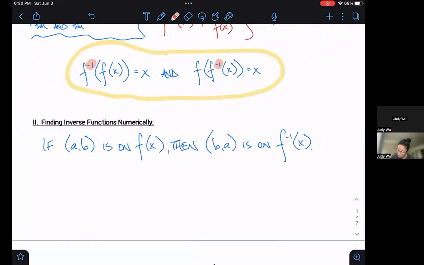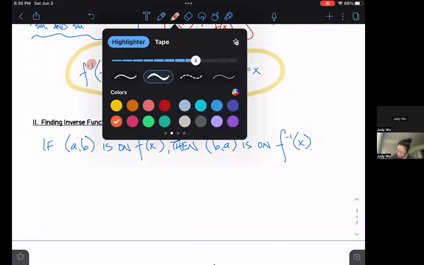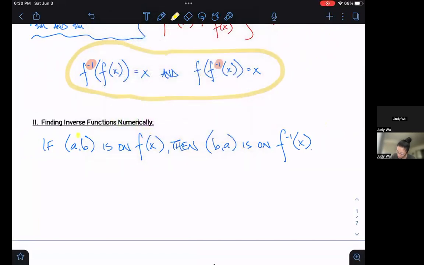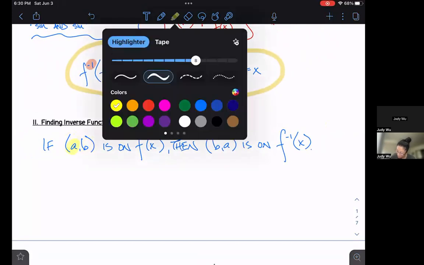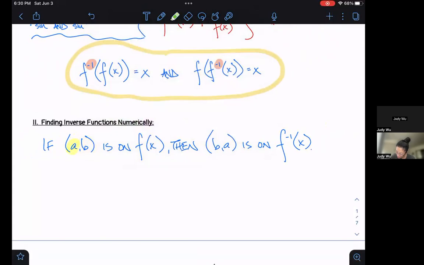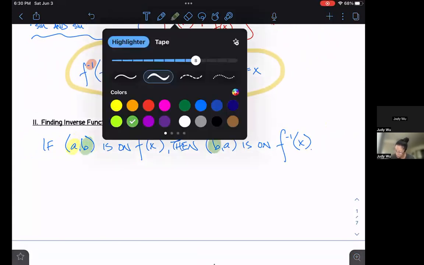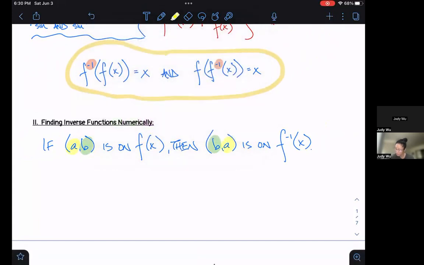Now, one thing I really want us to see here is that if A comma B is on the function, then B comma A is on the inverse function, meaning I take my x and y values and I switch them, I'll get a point that is on the inverse function, okay?